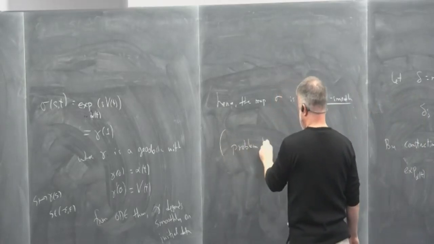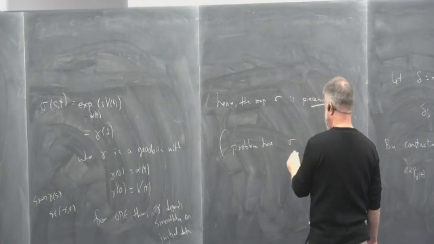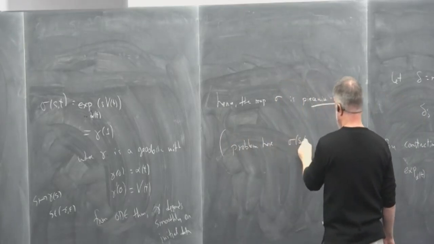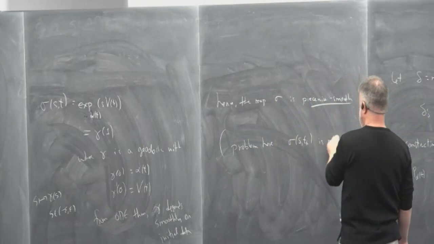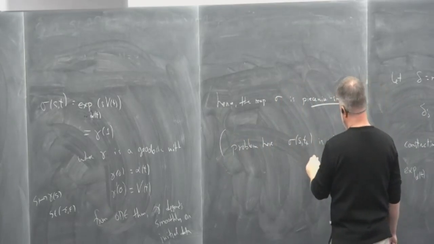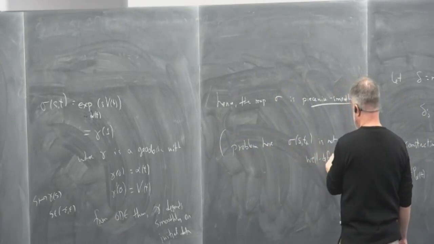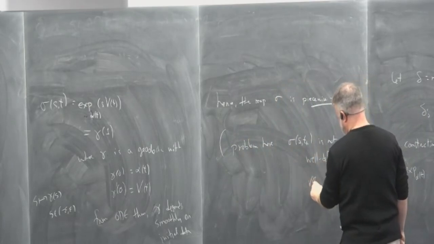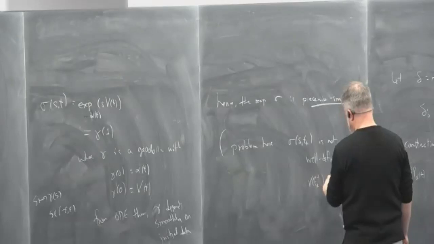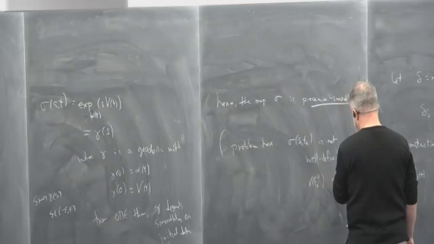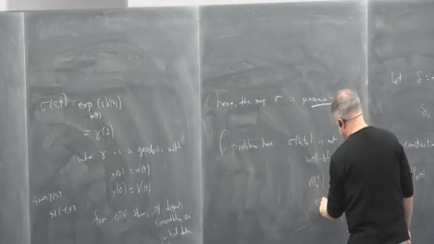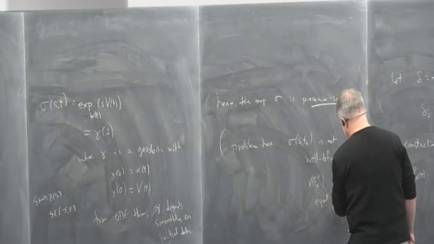There's a problem here because sigma of s, t_k is not well defined, right? Because v of t_k plus need not equal v of t_k minus.